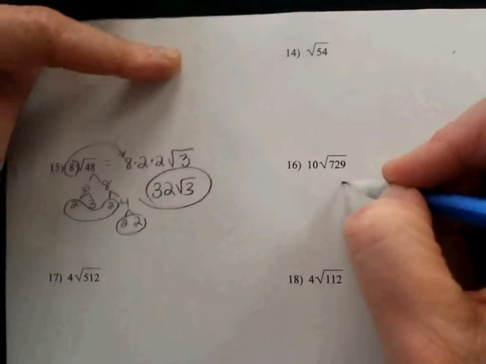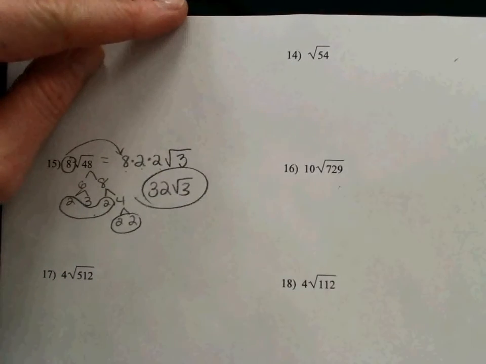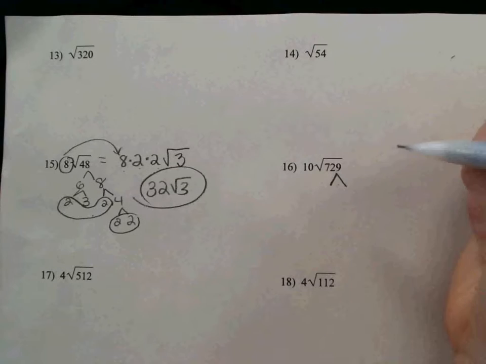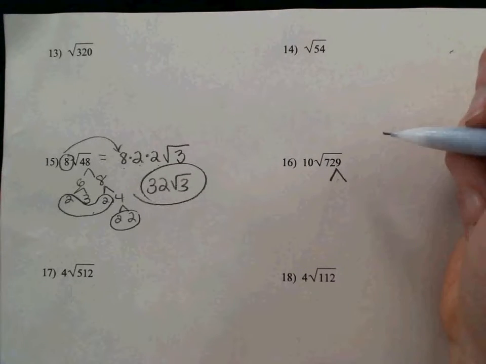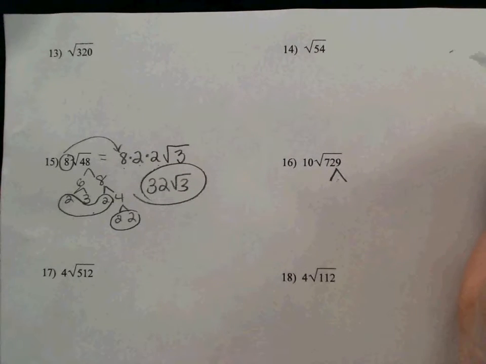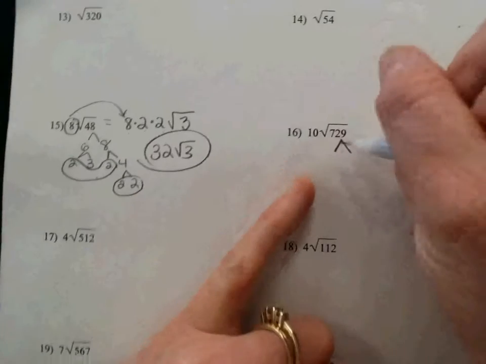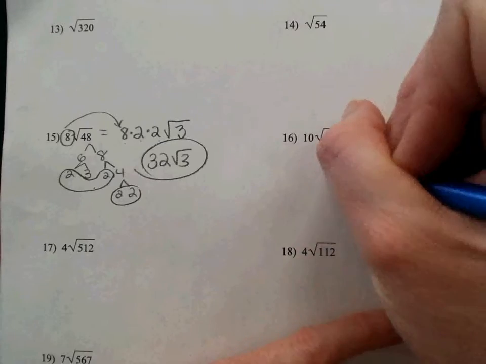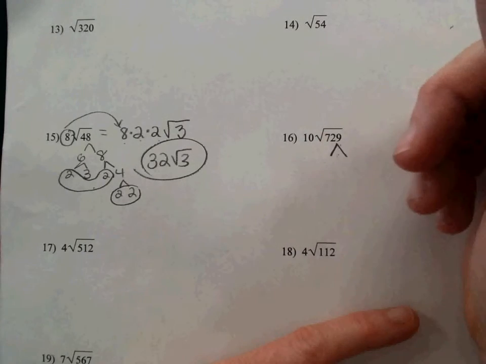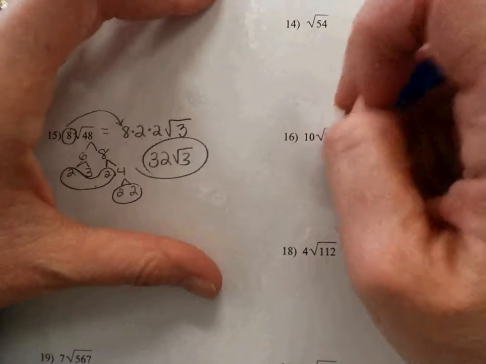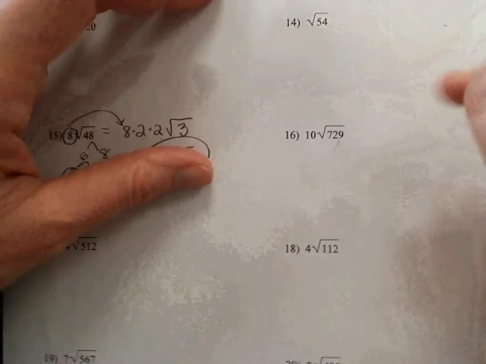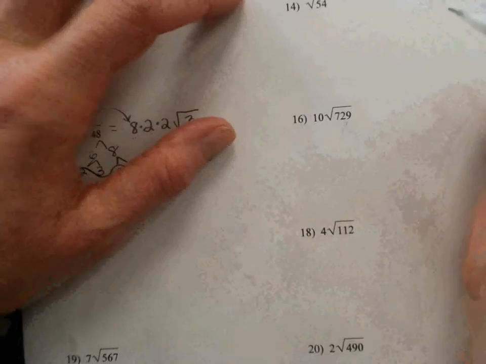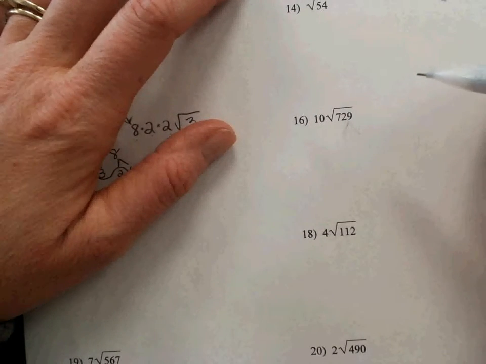Is 729 a perfect square? No. So do you like the jailbreak or the GPSF method? The jailbreak method. Okay, so see, different people like different ones. So let's do this one with the GPSF method. Were you asking if 729 is a perfect square? I was. It is. I thought so. It is. 27 squared. Yep, good. So not all of the perfect squares are on that yellow sheet. It only goes up through 25.